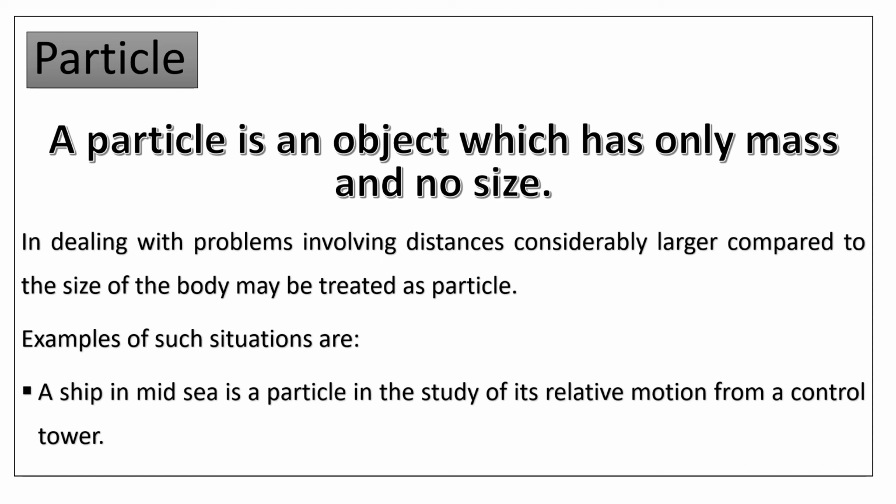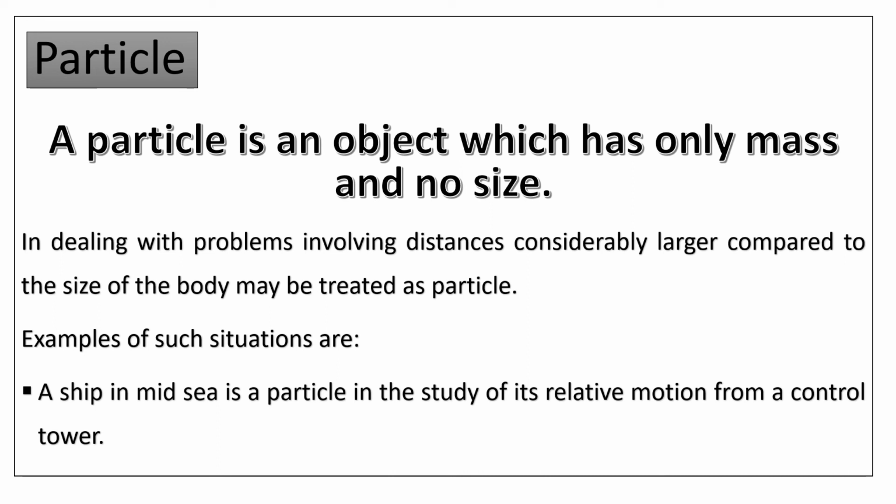For example, if a ship is in mid-sea, it is a particle to be studied by its relative motion to the control tower. Or we can say that particles are bodies where all the mass is concentrated at a single point in space.